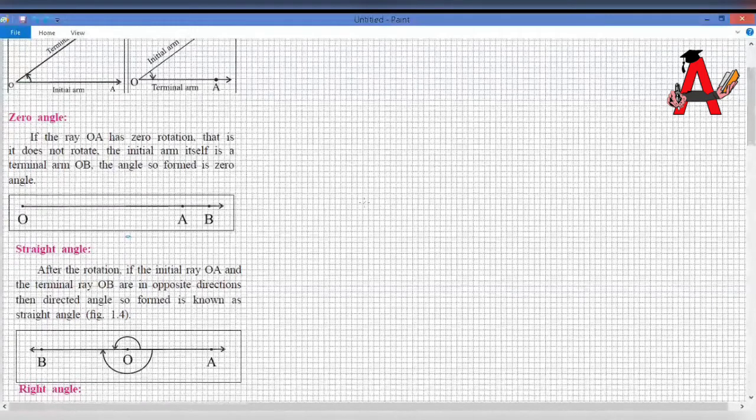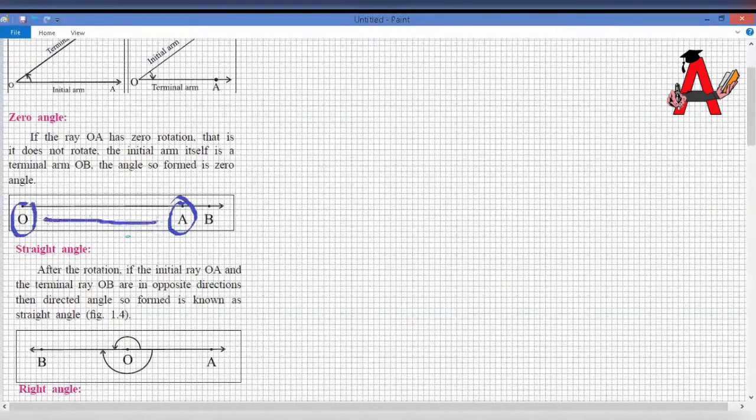If this ray OA is there, as shown here, OA is the first ray that does not rotate, and there is an OB. There is no angle between them, so both rays are overlapping. In such a situation, it is called a zero angle. Simple concept. There is no angle between the two rays. That's called a zero angle.